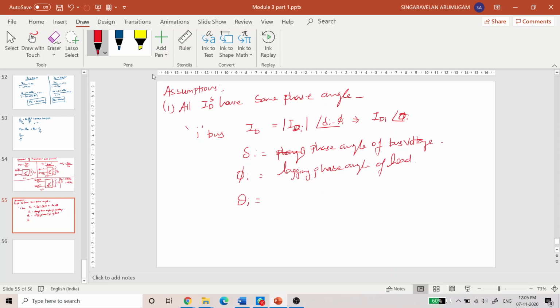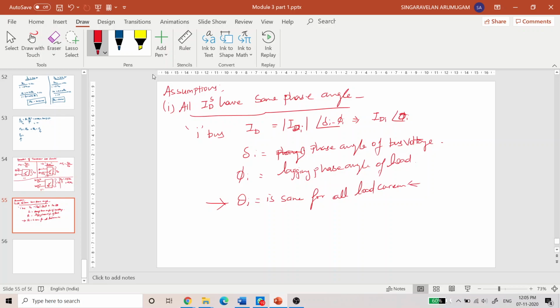Theta i is the same for all of them. This is the assumption I am taking: the same phase angle for every ID, that is, the same for all load currents. This is the first assumption.